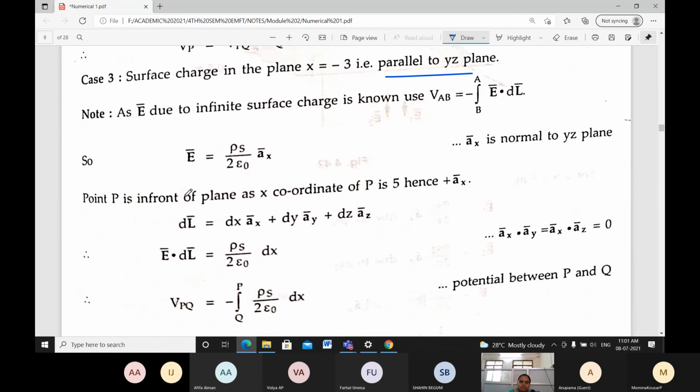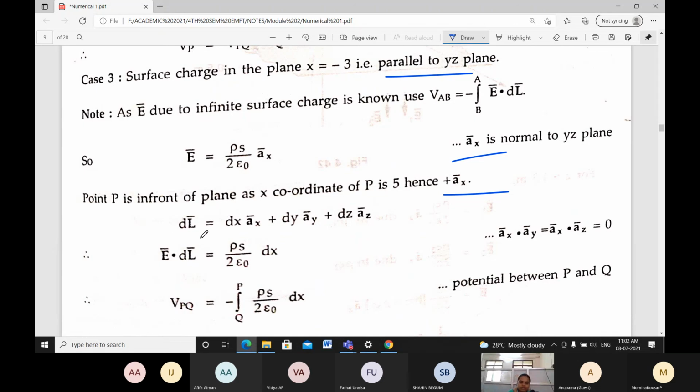Therefore, E is going to be rho s divided by 2 epsilon naught into Ax, where Ax is normal to the yz plane. The point P is in front of the plane, as the x coordinate of P is taken as 5. This is for the plus Ax.